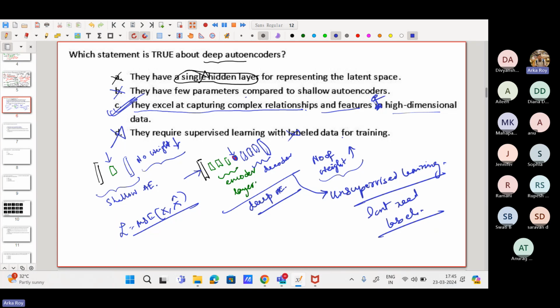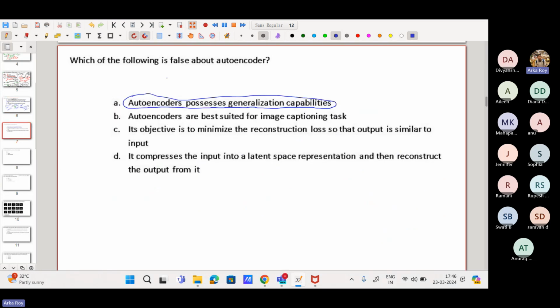That means they are able to generalize the type of hidden representation in the input data. So they have the power of generalizability. Option A is analogous to option C from the previous slide, so option A is true.